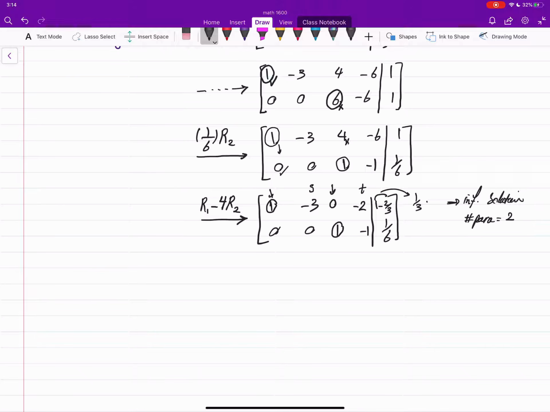And now write down the SLE here. So it will be x minus 3y minus 2w is equal to 1/3. Sorry, there's a 4th entry.